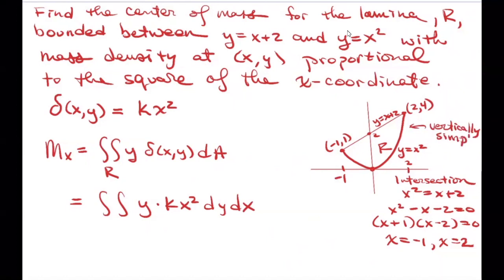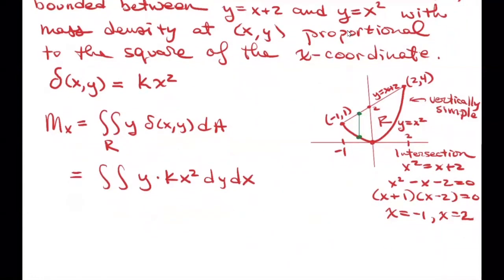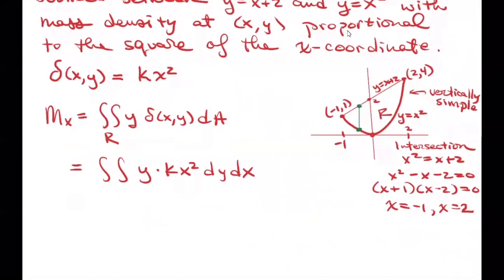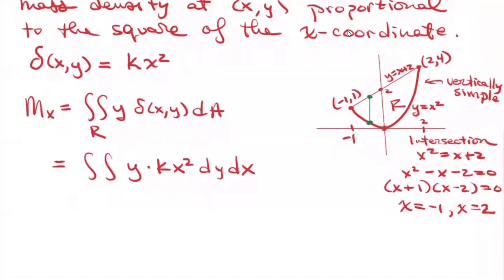And I'll remind you, vertically simple means that vertical lines, when drawn, will go from one curve to the other and never change curves as you move the vertical line from left to right. And so the limits on y are just the equations of the curves.